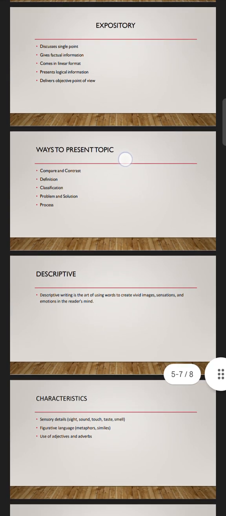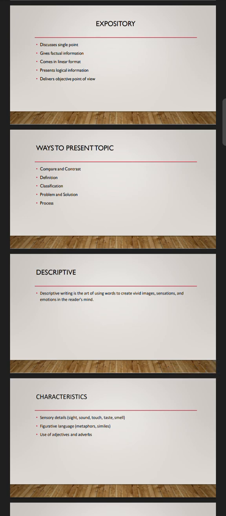So expository, it's very clear, is something very factual, something which gives you an idea of how to grab factual information from the given passage. If we want to understand factual information on a particular topic, we need to go for this expository writing.